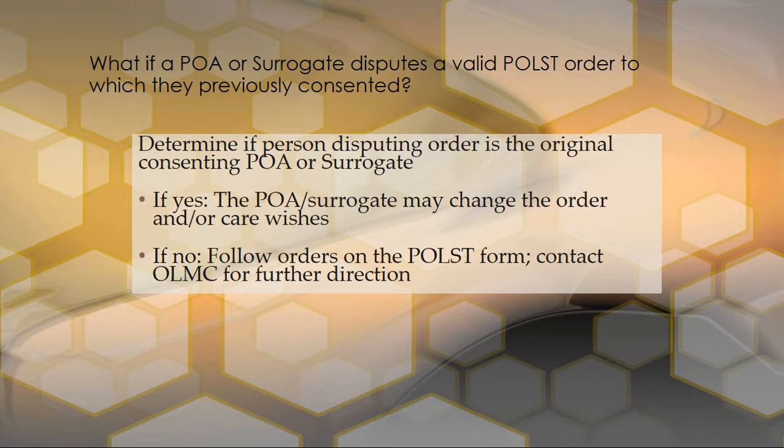EMS is provided with a POLST form, which clearly indicates that John has marked the do not resuscitate box. Jane states that she's the healthcare power of attorney and she wants to basically have the POLST order ignored, and she wants John to be resuscitated.